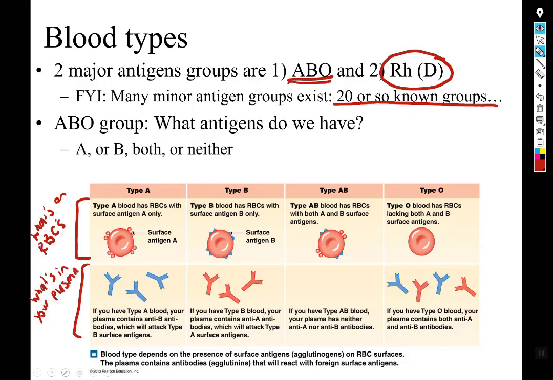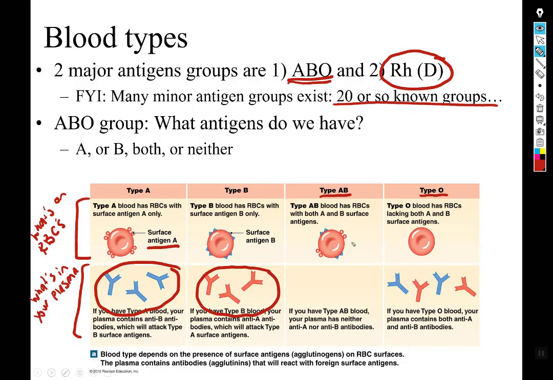Someone with type A surface antigens is going to have antibodies that are supposed to attack type B surface antigens. Somebody with type B surface antigens has antibodies that are going to attack type A antigens. Blood type AB has both, and blood type O has neither.